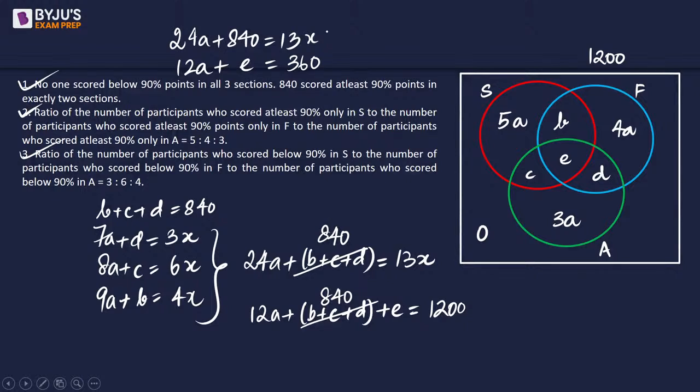We have got A, X and E, three variables, and we have got only one equation. So that would mean less than 90% in S. ठीक है.